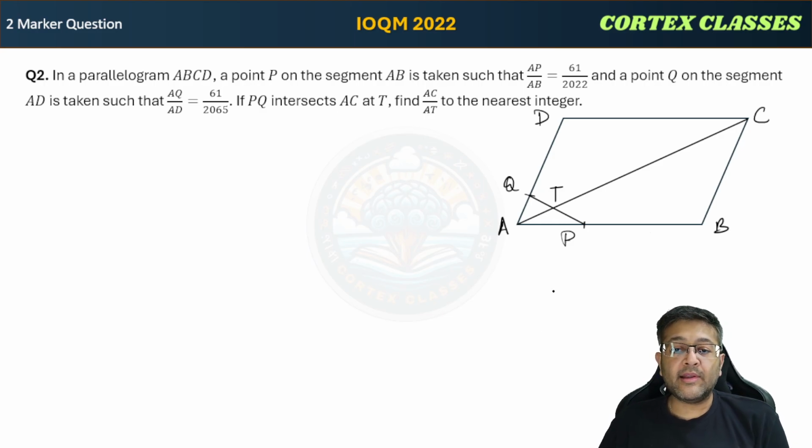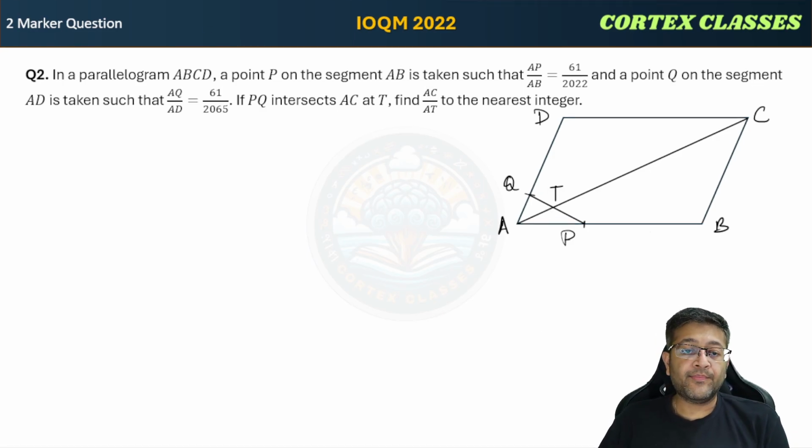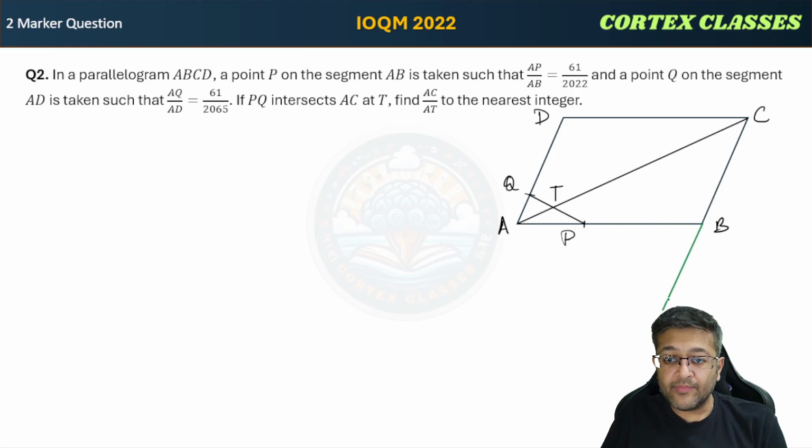So how should it be done, let's see. A similar question we have done in our course also. Let me show you how we can do it. What you need to do is extend BC. First of all, extend BC. Also extend PQ like this.